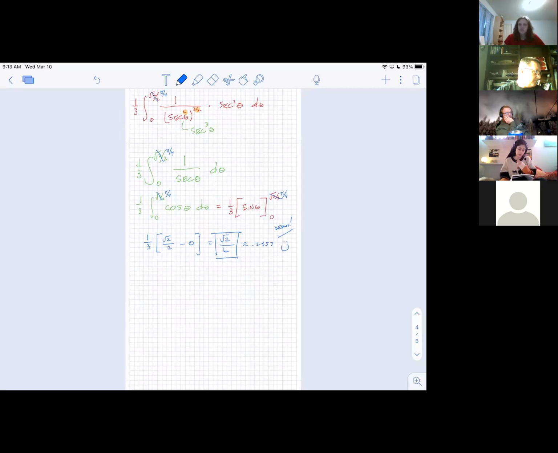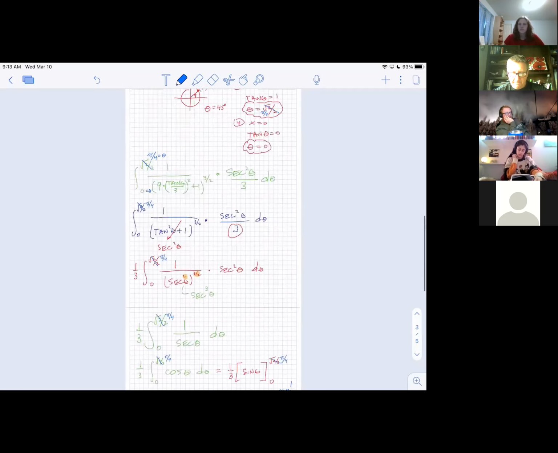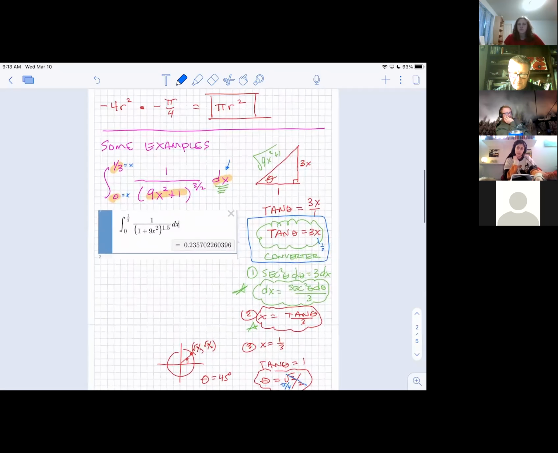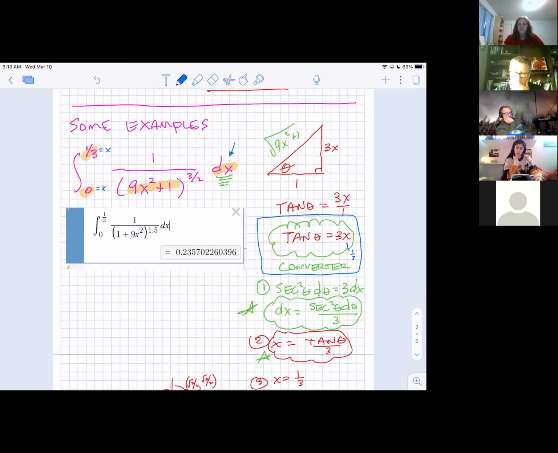So, real quick, yeah, go ahead. In the very first, up there at the top, at the beginning of the problem, it's written as 1 over the square root of 9x squared plus 1. That's the hypotenuse, right? Yeah, because of the plus sign. You understand that? Because it's a plus sign, I was adding them.